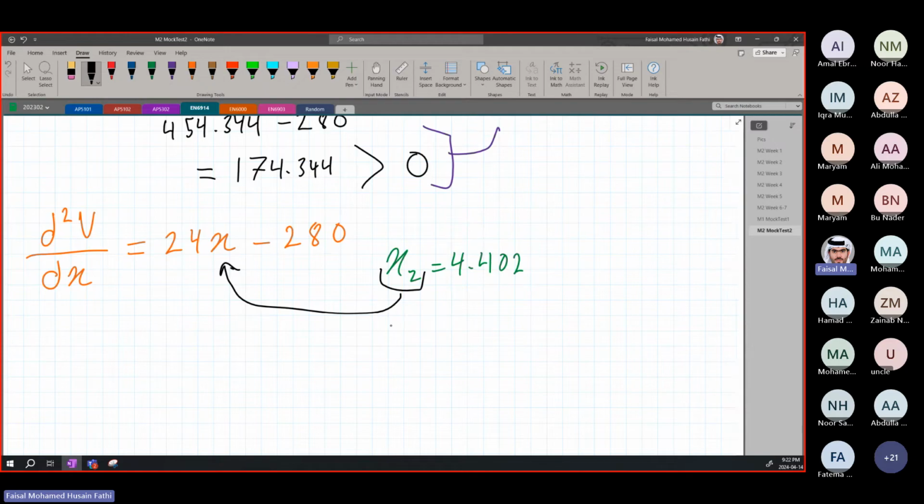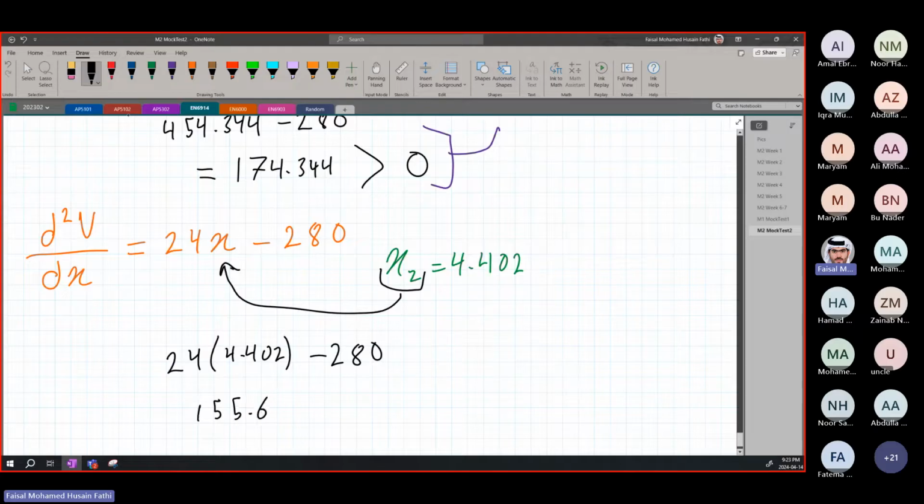Now we notice that 24 times 4.402 minus 280 is going to give us a negative number. 24 times 4.402 is equal to 105.648 minus 280.